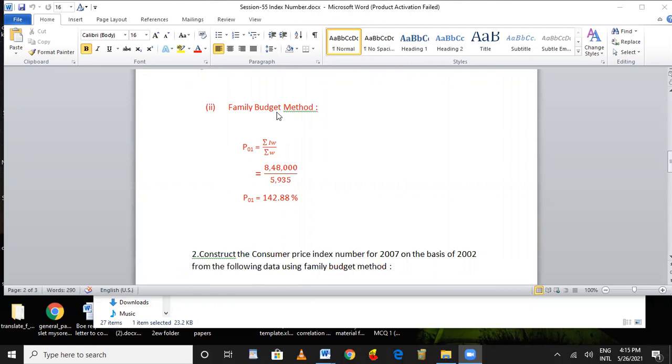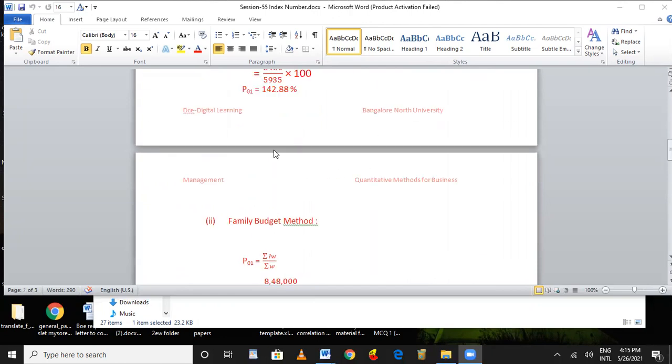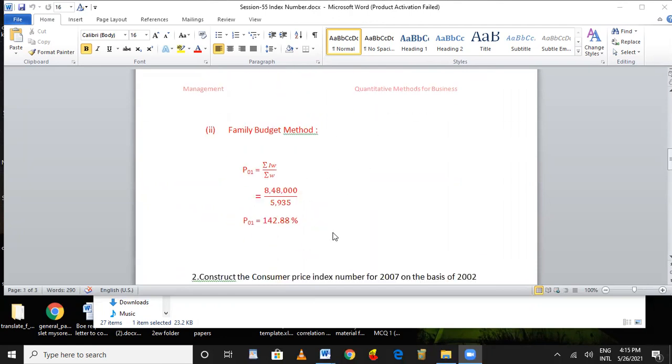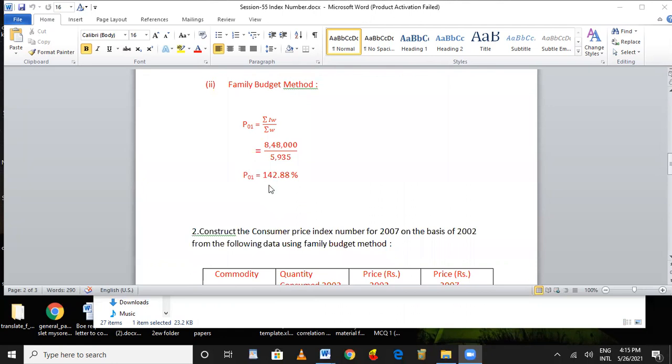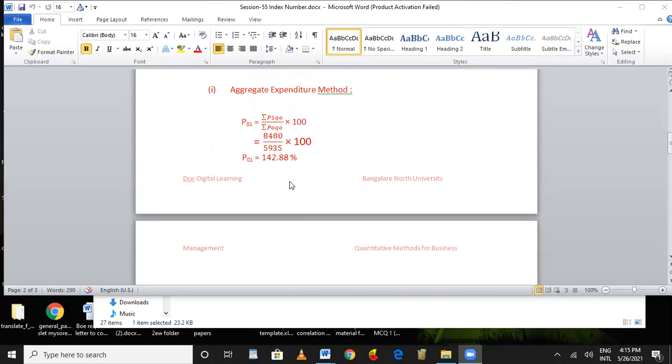So in the two methods, the aggregate expenditure method and the family budget method, P01 is equal to 142.88. Whichever method you consider, whether the aggregate expenditure method or the family budget method, the index numbers are the same.